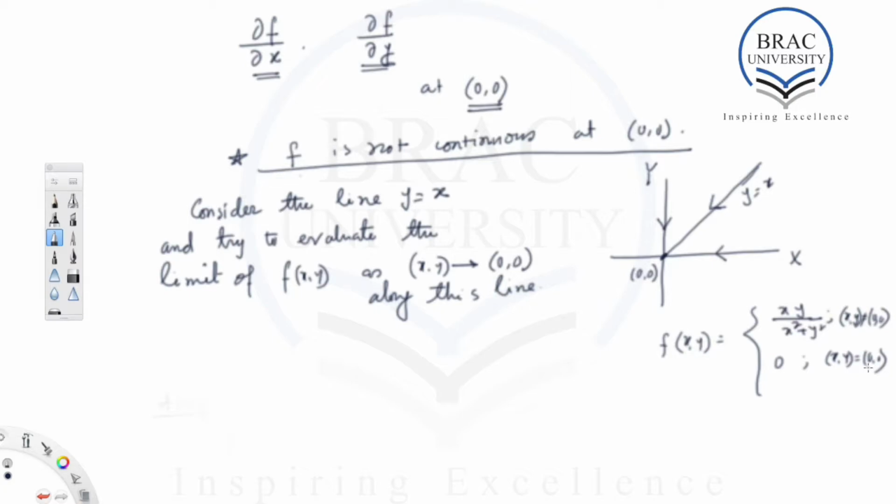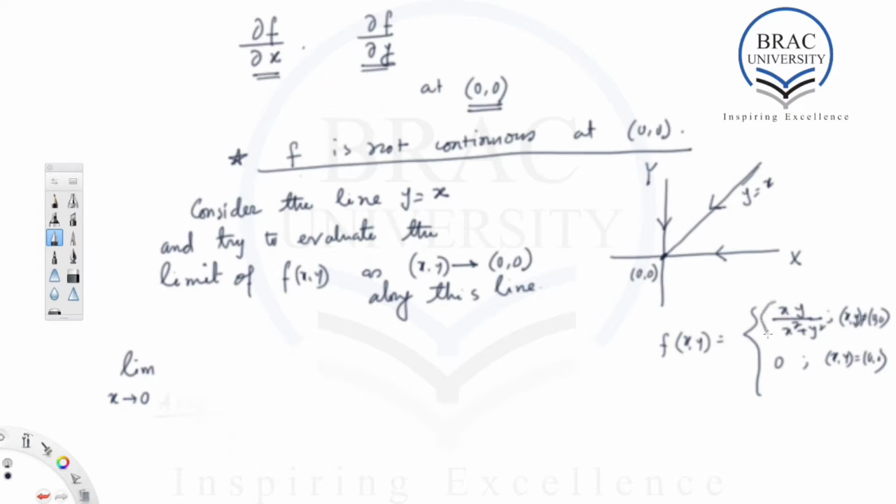Okay, so now I'm trying to find the limit of this guy. Since x and y are equal along this line, I'm just writing x approaching 0, because y also approaches 0 since x is equal to y.